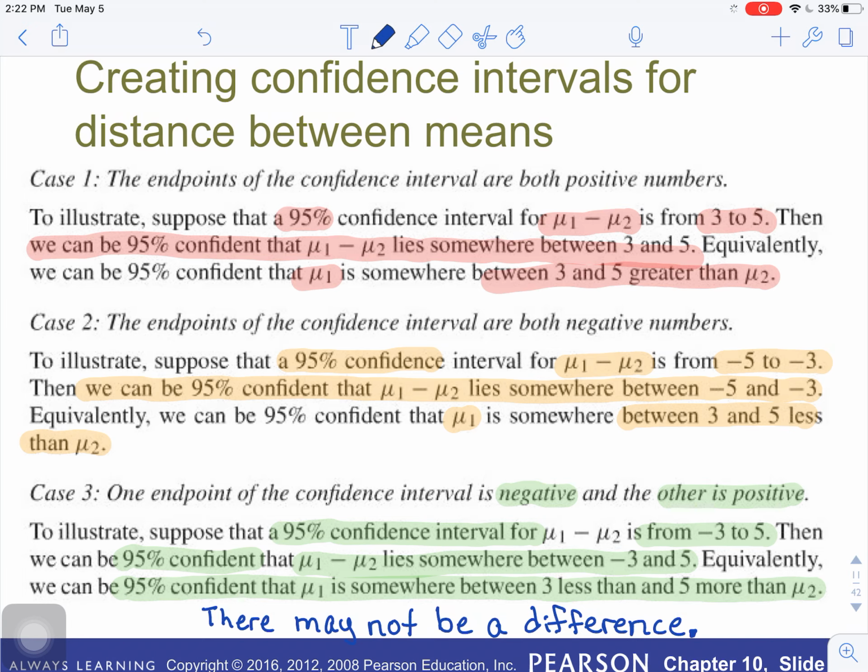So at this point in time, if we have one where it's 3 less or 5 greater, then since 0 is an option within there, we could potentially say that it has absolutely no effect at all. So we can't reject our null hypothesis at that point. So case 3, this is where we cannot reject.